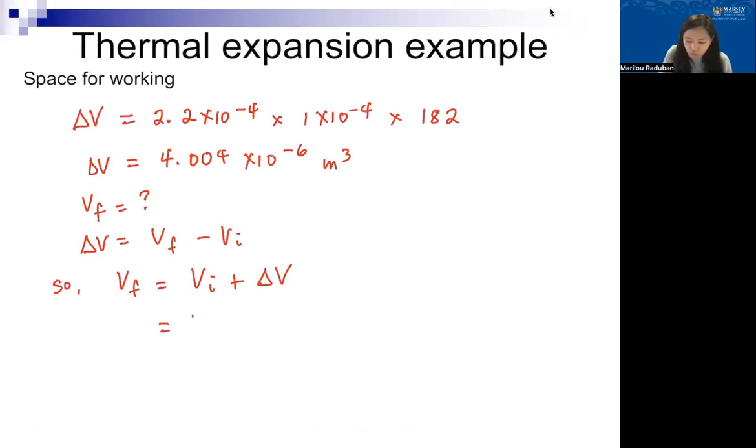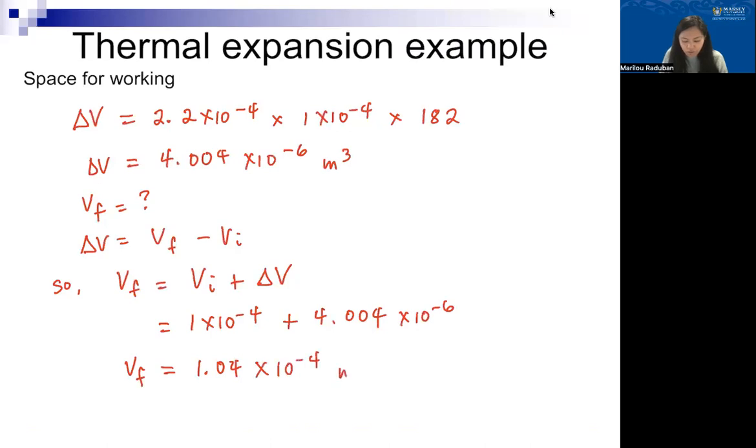The initial volume was 1 times 10 to the minus 4 cubic meters plus the change in volume you found, 4.004 times 10 to the minus 6 cubic meters. That gives a final volume of 1.04 times 10 to the minus 4 cubic meters.